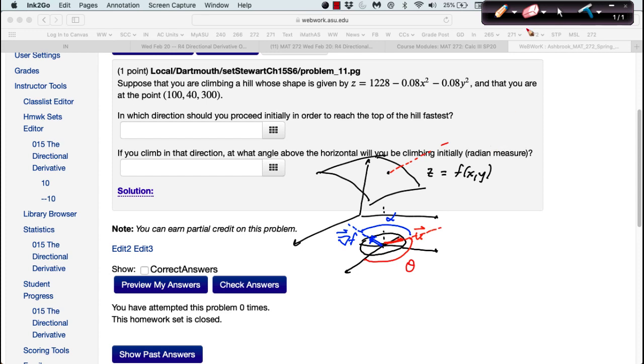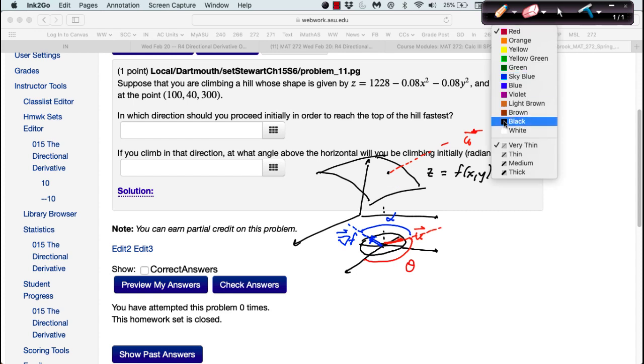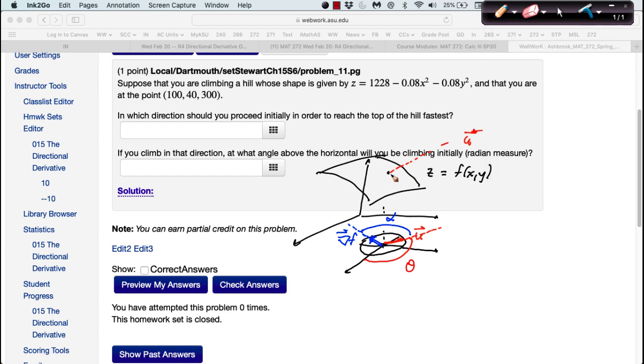And I'm trying to show that horizontally. So maybe the rate of change is negative. So we're kind of looking at this drawing. In the direction of u, that would be like tangent to the surface, because this is horizontal, right?